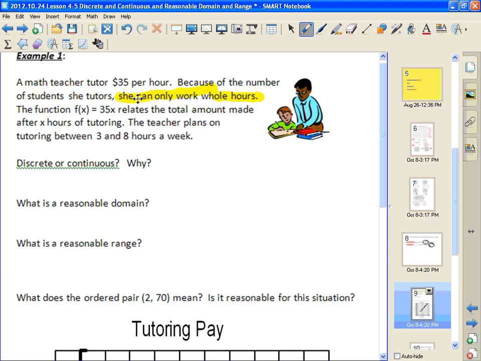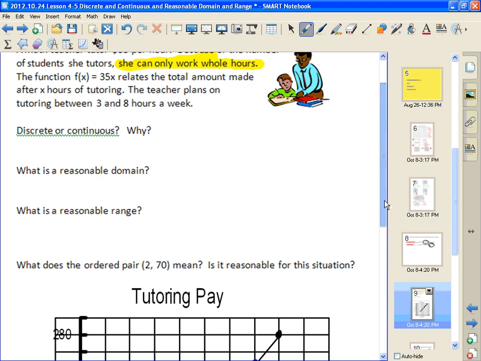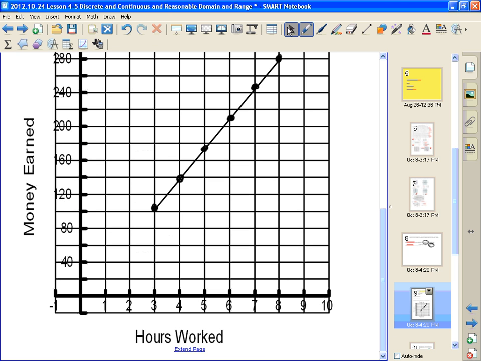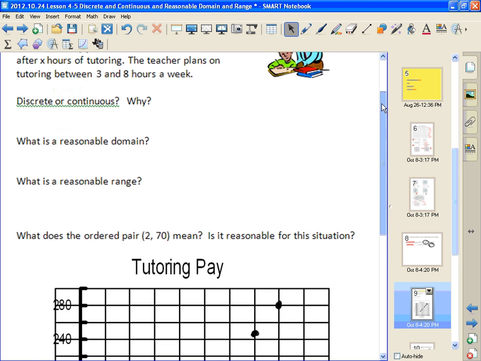So if she can only work whole hours, she's only working these whole number of values. And because of that, we need to take the line off of there. So do not connect your points. Okay, 3 and 4 are okay, but the numbers between 3 and 4, like 3.5, are not acceptable values here because she can only work whole numbers.